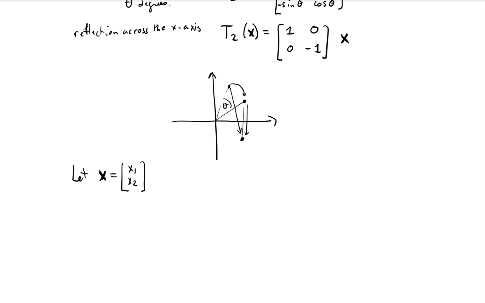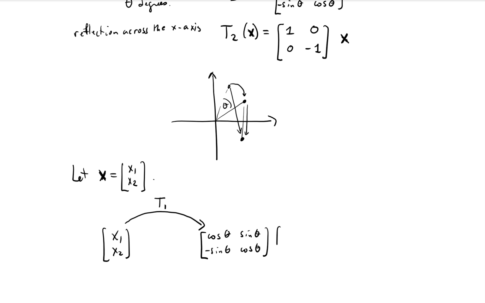So first thing is we take x, and then we want to rotate. If we rotate, we apply function T1. Now if we apply T1, we're going to get, let me rewrite the standard matrix, cos theta, sine theta, minus sine theta, cos theta, which we multiply by x.